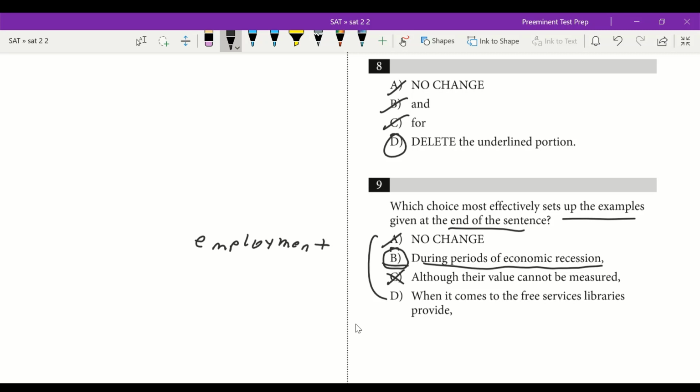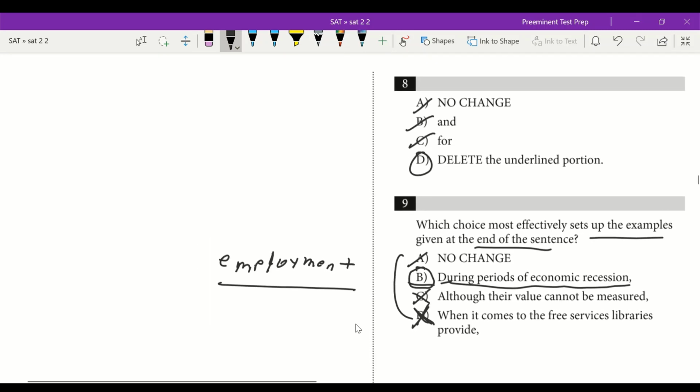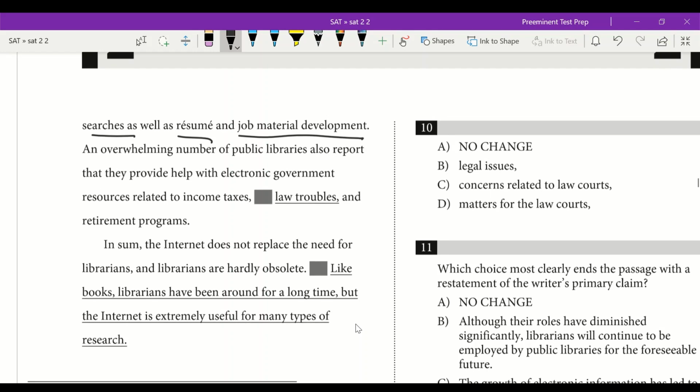And then we have, "when it comes to the free services libraries provide," well, that's not really the point we're making. The point we're making is employment here. They're very helpful to help get people employed through online job applications and resume building, right? And that's important during periods of economic recession. So our answer is going to be B. All right.